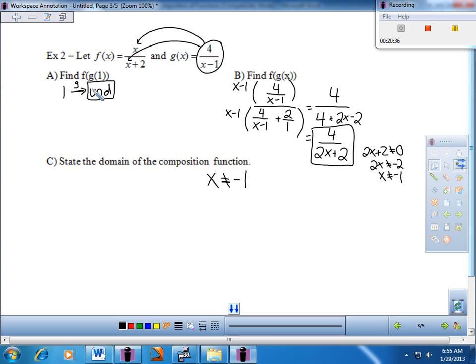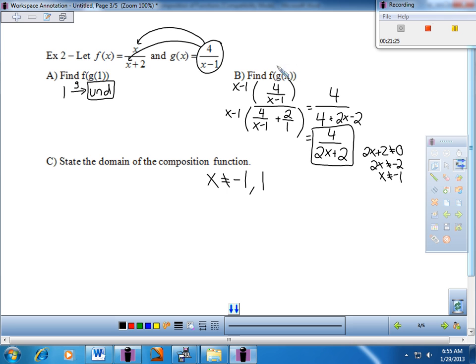I tried to put 1 into the g function, and I got undefined. I couldn't go any further. So could the 1 as an input here on this particular combination get us any type of answer? No. And so as a result, that also has to be part of the domain, that x can't be +1.